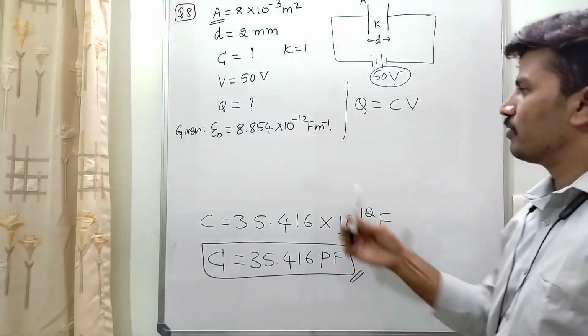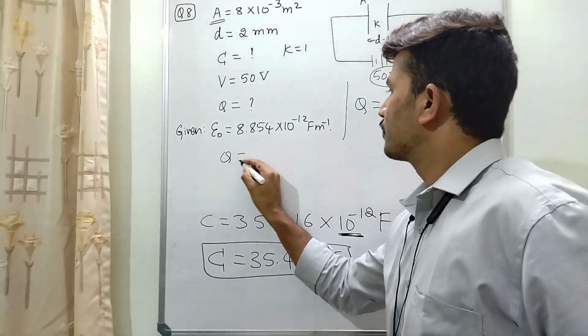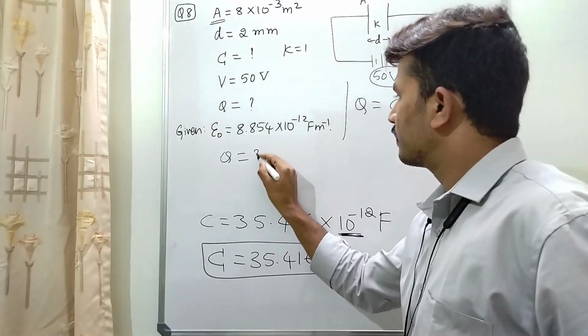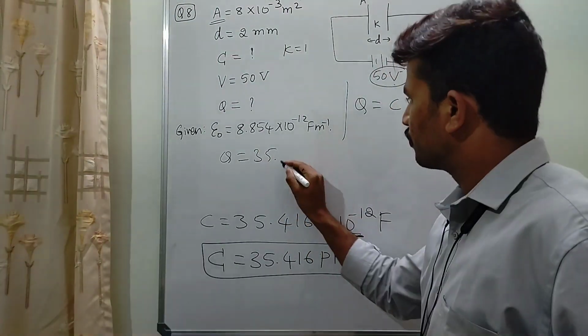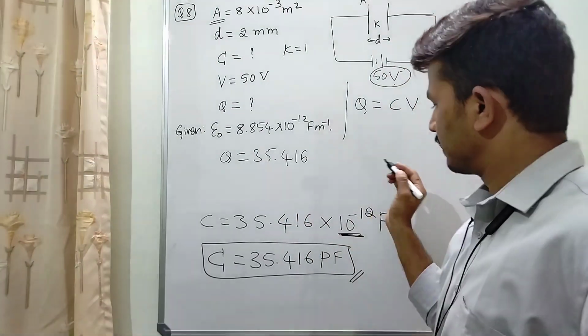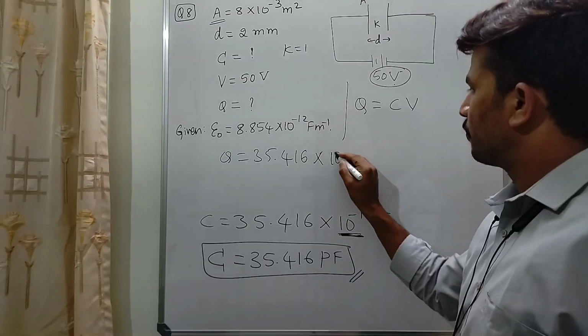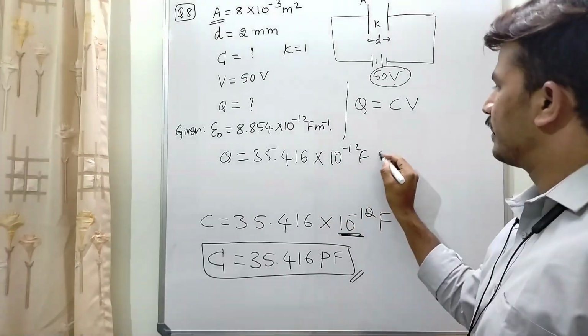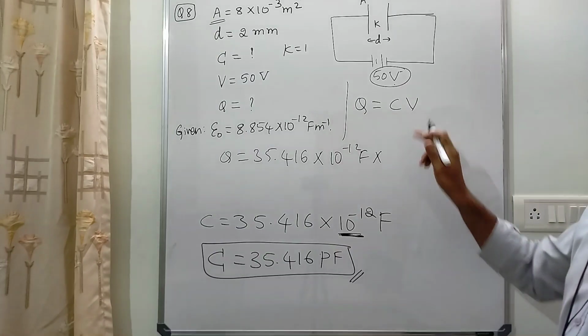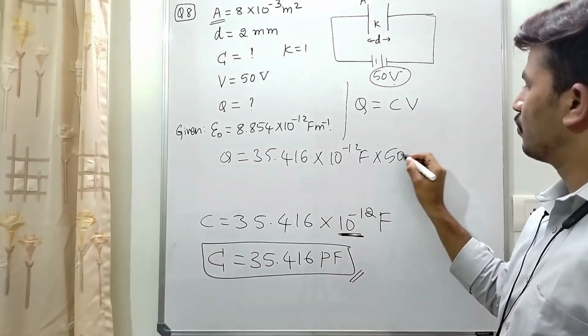Now Q is equal to, what is the value of C? C is 35.416 into 10 to the power minus 12 farad, into what is the value of voltage? 50 volt.